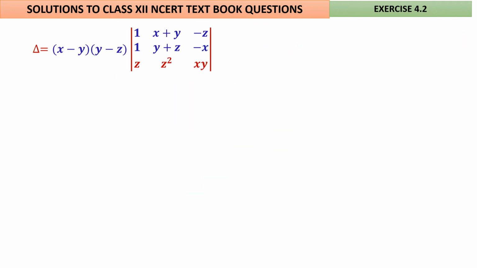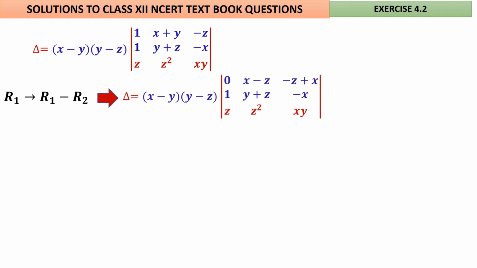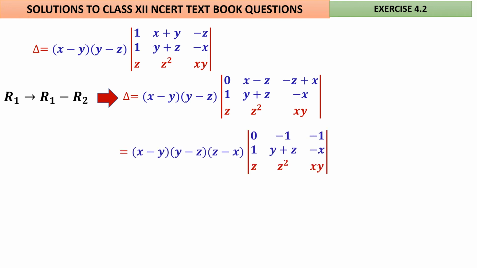I got this expression now. I can expand it, but if I get some zeros, it will be highly nice. So I am writing R1 equal to R1 minus R2 because there are 1s sitting there. Therefore, it will become 0 in R1. x plus y minus z, therefore x minus z. Minus z minus of minus x, therefore minus z plus x.